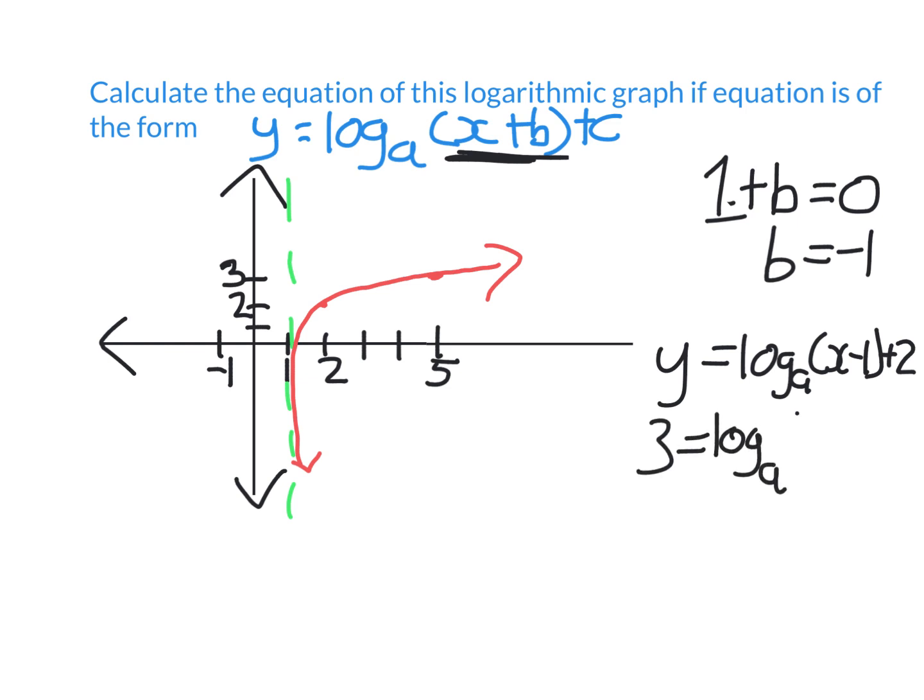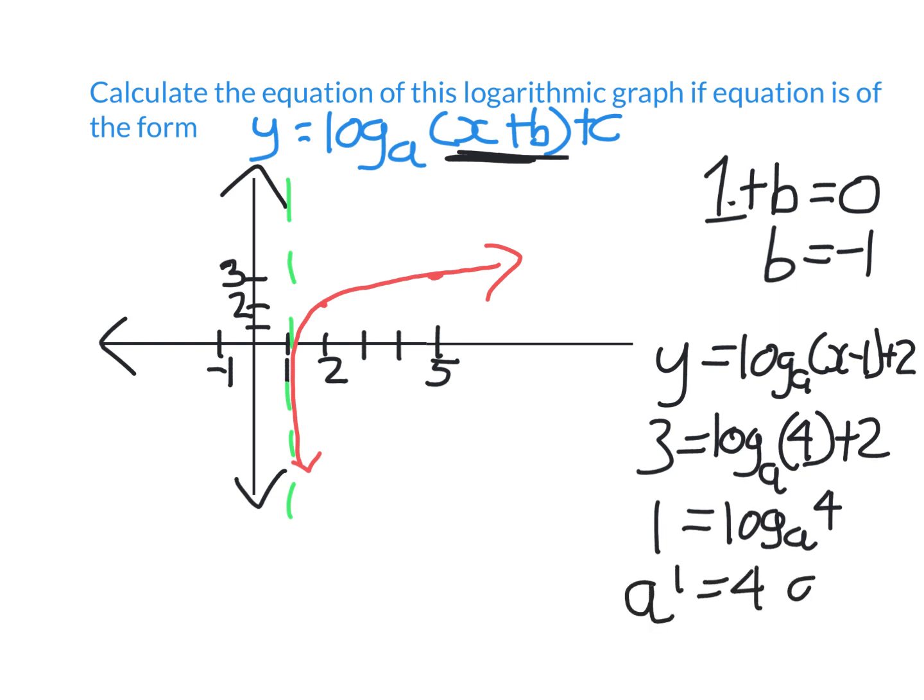So I get 3 equals log base a of (5 minus 1), which is 4, plus 2. Subtracting 2 from both sides, I get 1 equals log base a of 4. Of course, by definition of logs, that means a to the power of 1 is 4. Of course, a equals 4. So the equation that I had up here, now I can just rub out a and replace it with 4. This is the equation I would start with to end up with a graph like this.